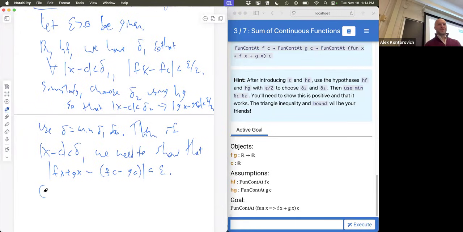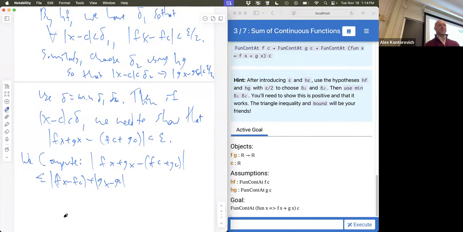So we compute: f of x plus g of x minus f of c plus g of c is equal to f of x minus f of c plus g of x minus g of c, which is less than or equal to those two things, but with absolute values there, and that's less than epsilon over 2, strictly less at some point. I need a strictly less.